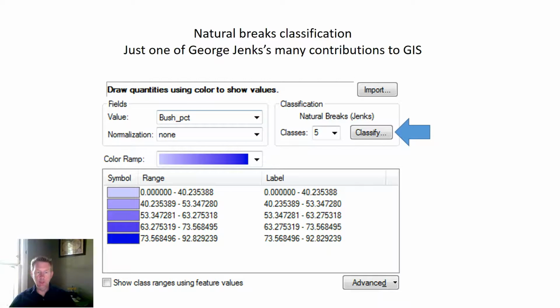This is an example of where you'll see that within ArcGIS. So we want to classify something. We can bring up this dialog box, and we probably hit the classify button here and looked at natural breaks. You may not have keyed in on this name, Jenks, but that's where this comes back to. Jenks was the researcher who came up with the method to automatically break down your data into those class boundaries.